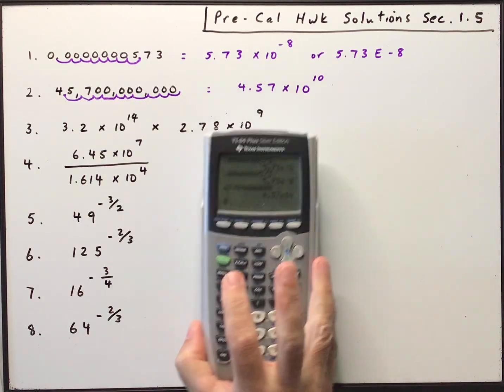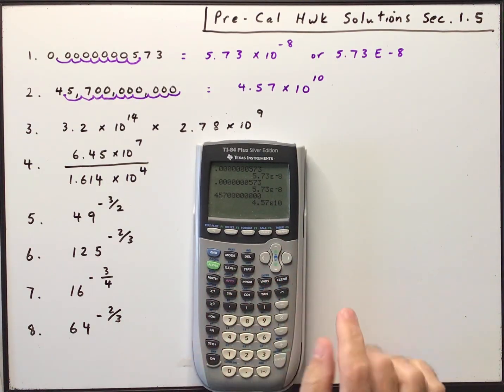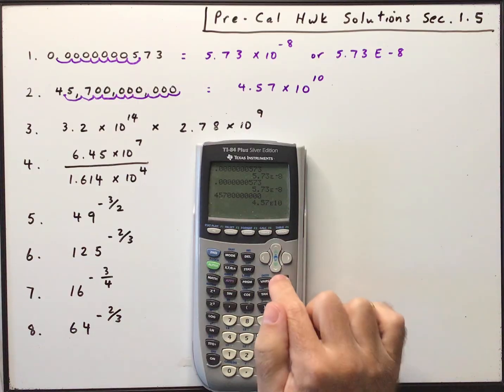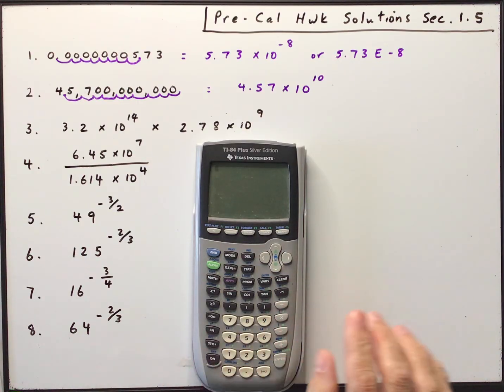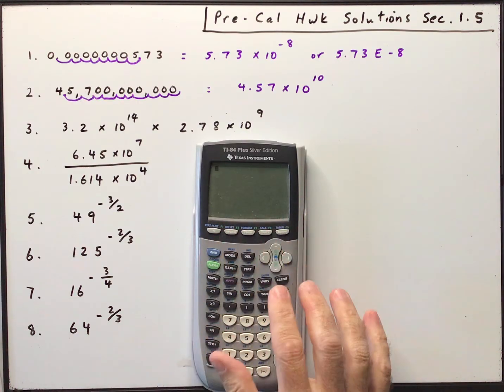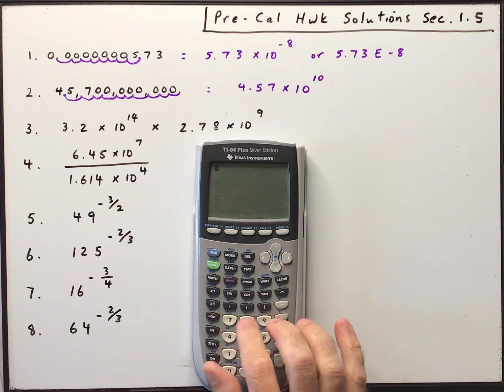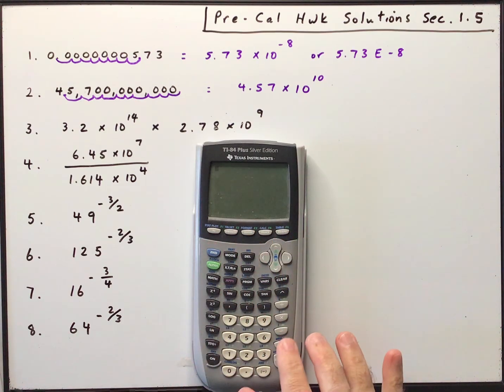Hopefully you can see this, or just listen along if it's not coming through very well. Clear that out. With these newer TI-84s, you don't have to use the second function double E button.